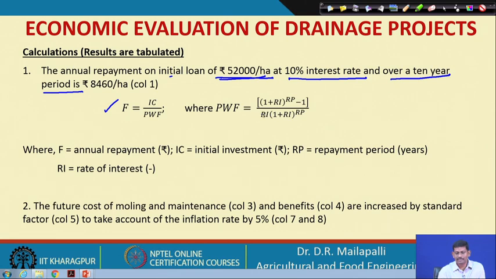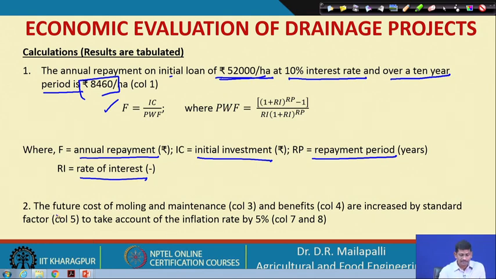The present worth factor has a formula. Knowing the values of the initial investment, repayment period and rate of interest, putting those values in, the annual repayment will be 8,460 per hectare every year.